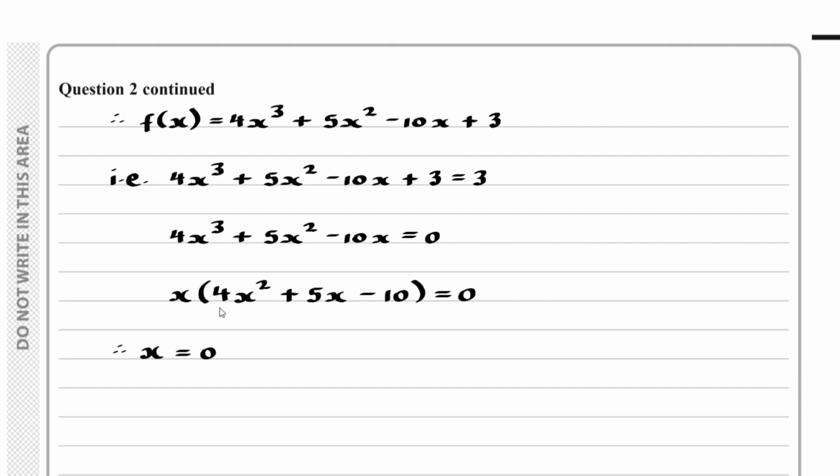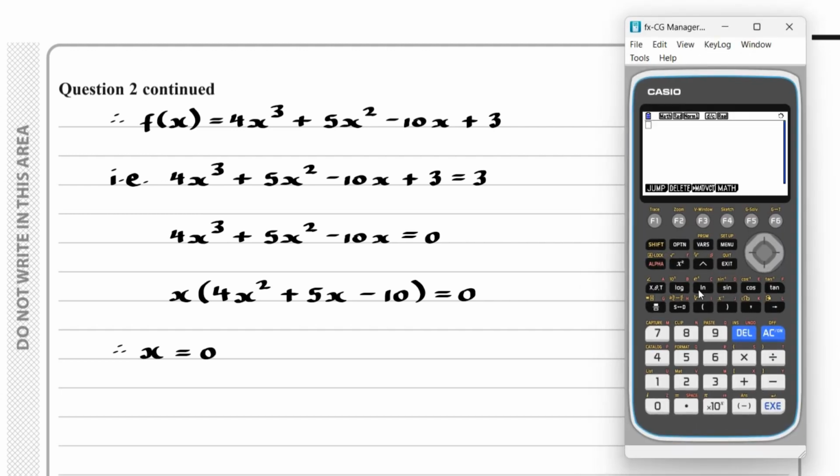To find the other two solutions, we are required to solve the quadratic 4x squared plus 5x subtract 10 equals 0. From our calculator, if we go to the menu, then the equation sub-menu, we have a polynomial of degree 2.